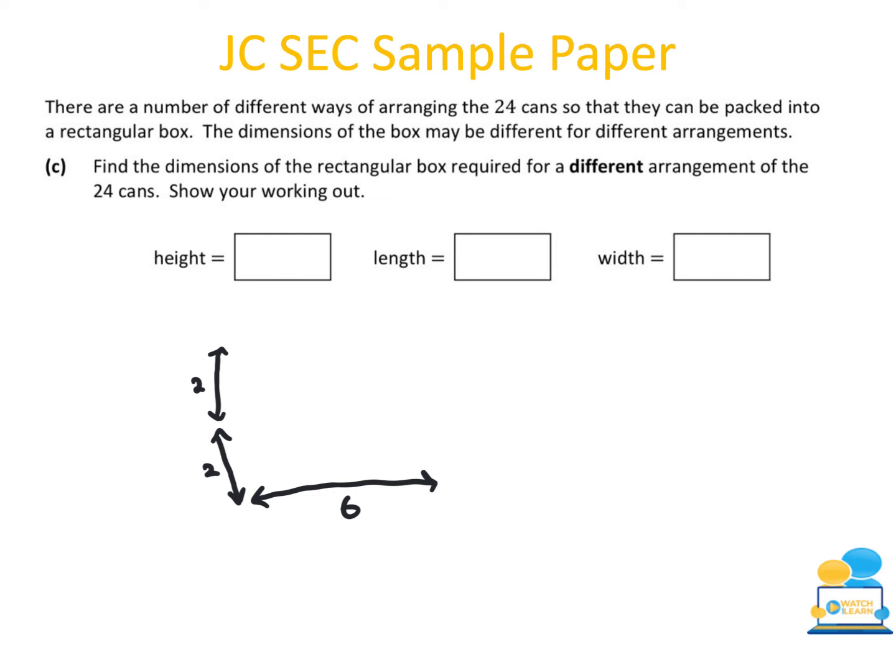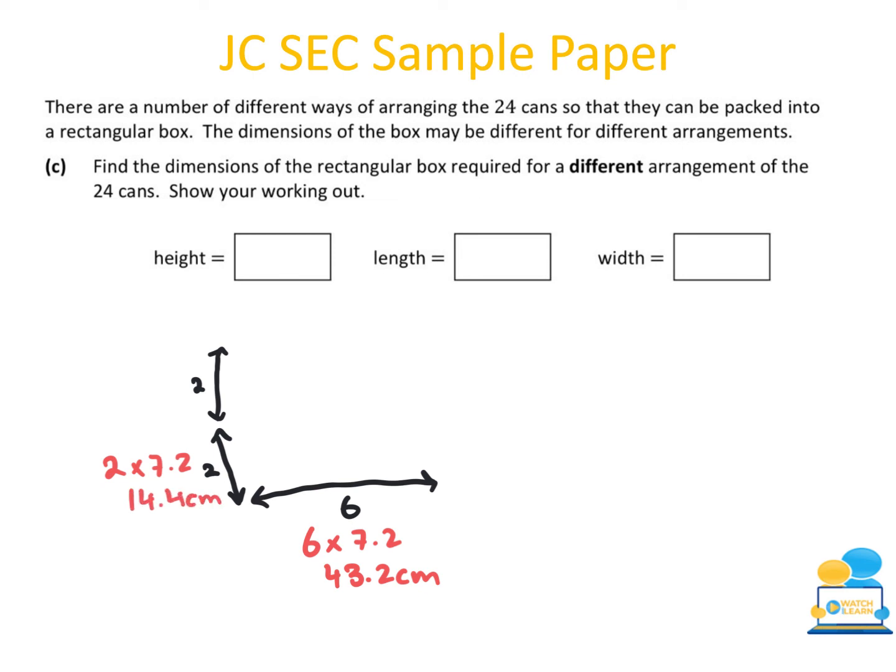So if I was to work out those dimensions, the length would be 6 cylinders' diameter, so it'd be 6 multiplied by 7.2, which would give me a length of 43.2 centimetres. My width would have 2 cylinder diameters going back, so it would be 2 multiplied by 7.2, which would give me 14.4 centimetres.